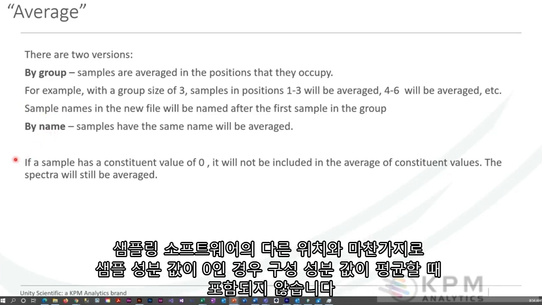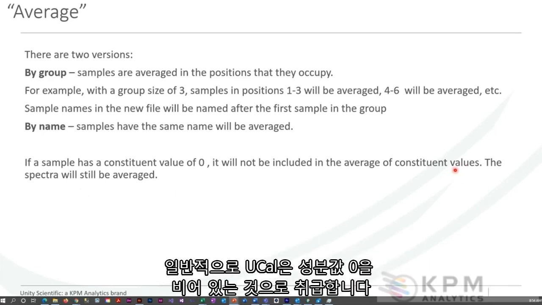Just a note that as with other places in the software, if a sample has a constituent value of 0, it will not be included when you're averaging the constituent or the reference values. In general, UCAL treats a constituent value of 0 as being empty.